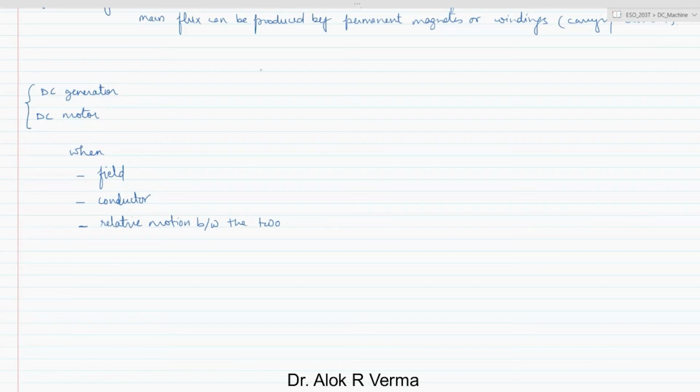So the construction basically has two parts. One is the magnetic field system. The field is basically the magnetic field system. The second is the armature, which is the conductor, and third is the commutator and the brush, which are basically the terminal part of the DC machine.